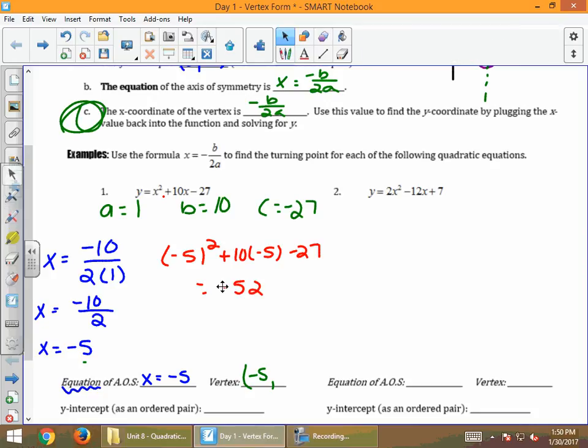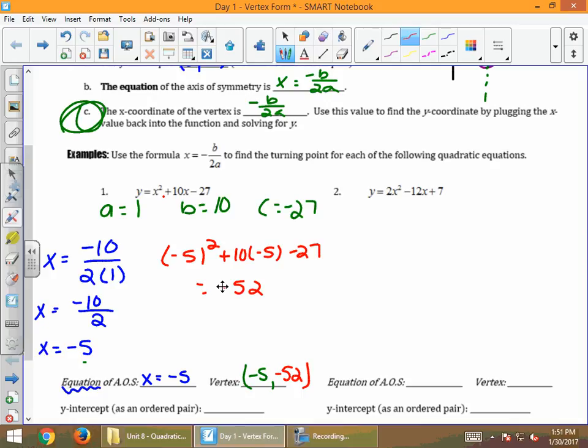Everyone else see negative 52? Got it? You should get negative 52. So that's the y value of your vertex. There's how you find your vertex when it's written in standard form. You find your axis of symmetry. Whatever you get as your axis of symmetry now becomes the x value of your vertex. You take that value, plug it back into your quadratic. Whatever you get is going to be the y value.